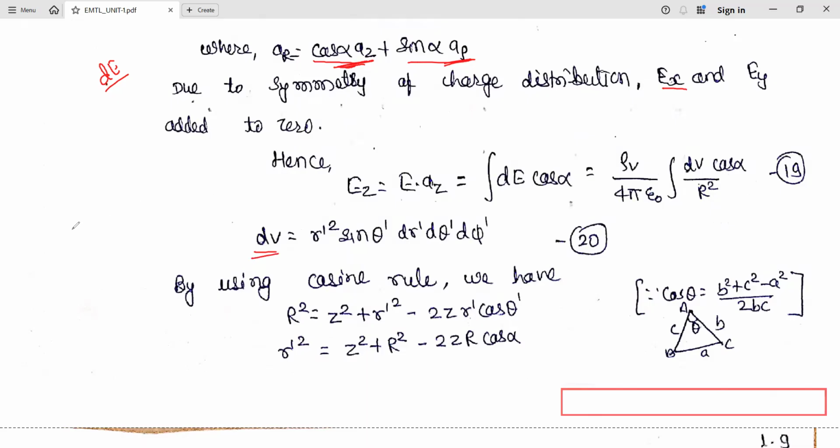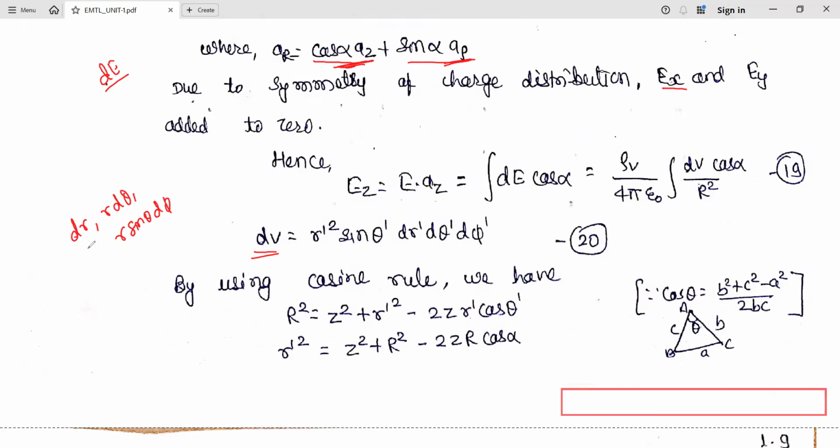In spherical coordinates, if you remember, the sides are dr, r d theta, and r sine theta d phi.